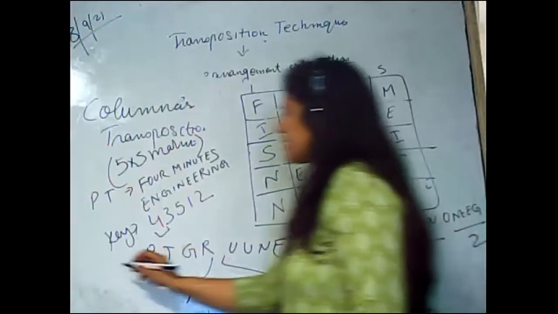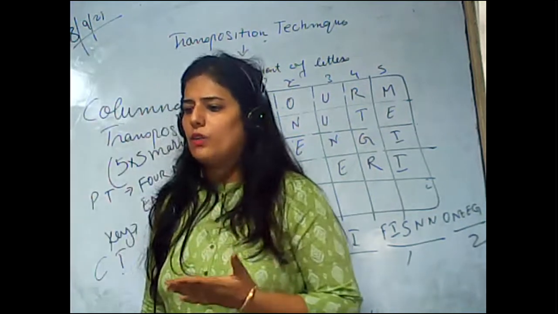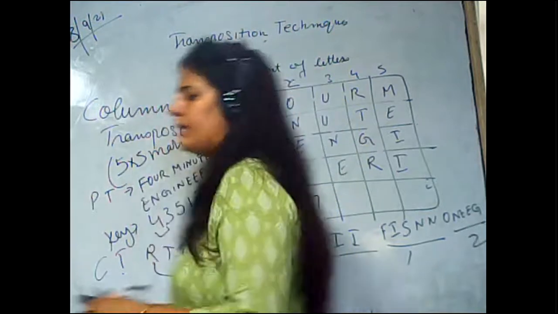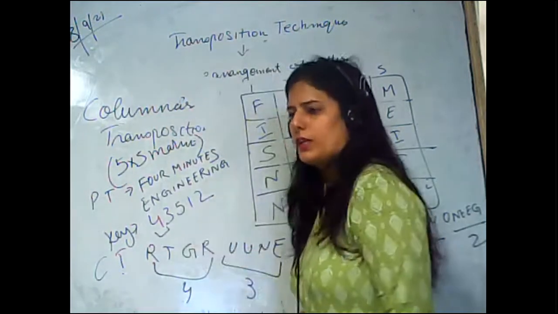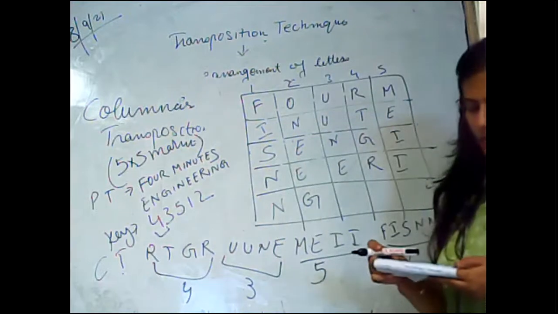Okay, so this complete will be your ciphertext. With the help of a key, you have to give importance to the column part, and whatever elements you have in your column part, just write those parts in a particular sequence. This is columnar transposition.